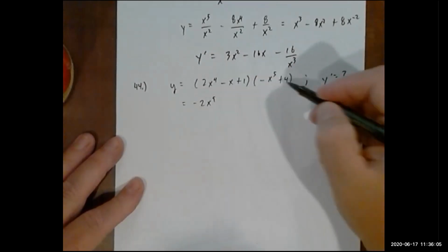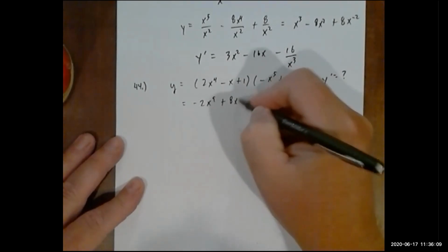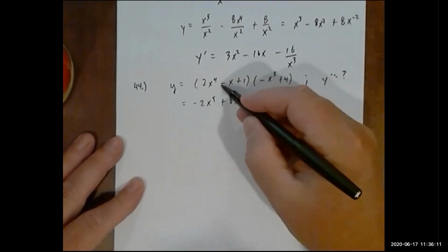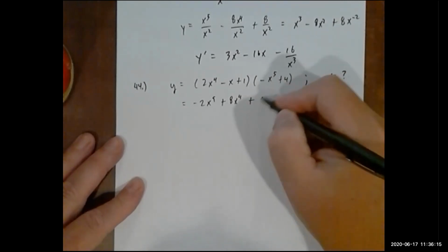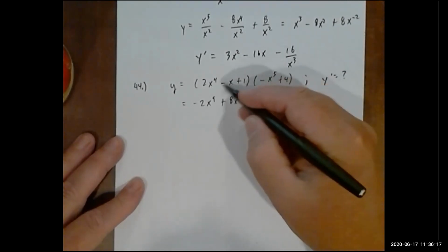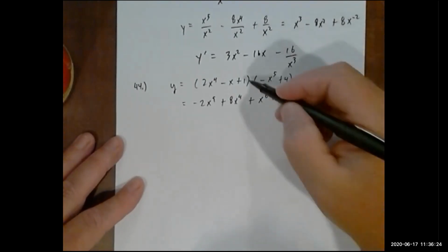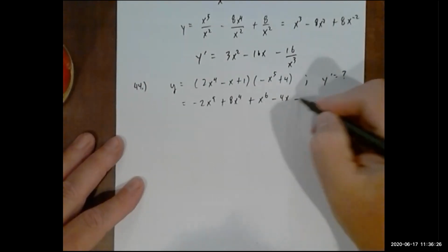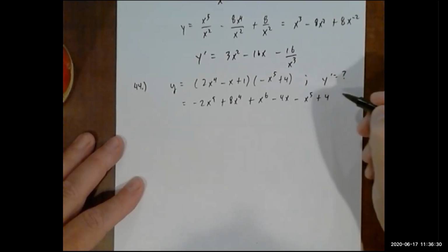Then 2x to the fourth times 4 is plus 8x to the fourth. Now I distribute the minus x. Minus x times minus x to the fifth is plus x to the sixth. Minus x times 4 is minus 4x. And then distribute the 1. I'm just going to have minus x to the fifth plus 4.